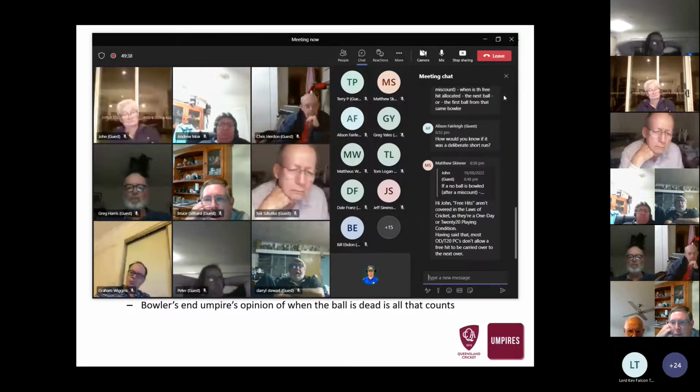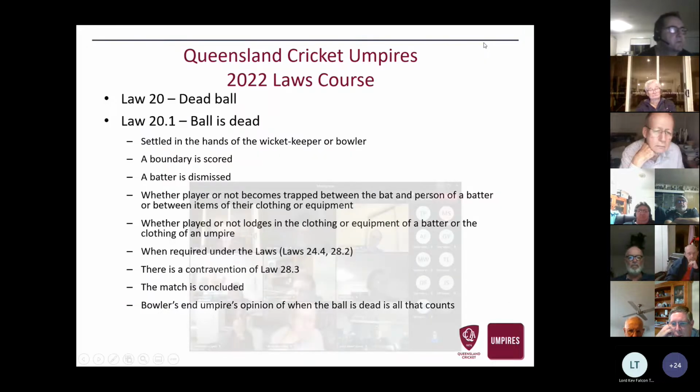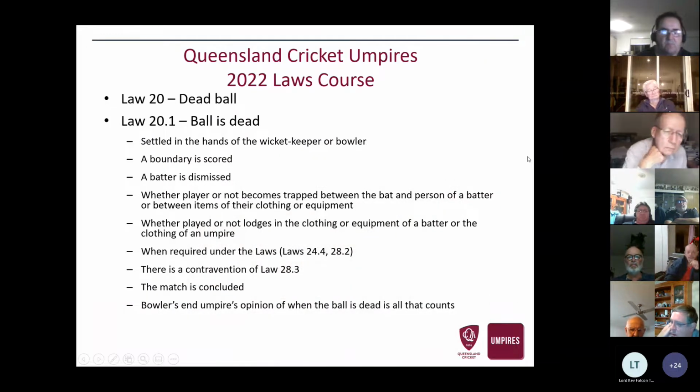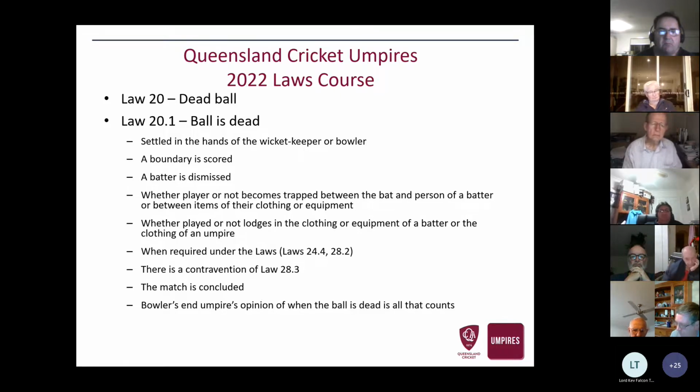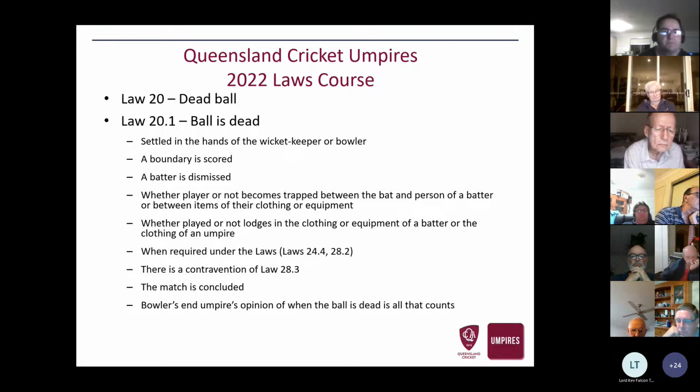So let's get into Law 20, dead ball. So in terms of when a ball is dead, we've got here, obviously, the ball's dead when it settles in the hands of the keeper or the bowler. When a boundary is scored, a batter is dismissed. When a ball becomes trapped between the bat and the person of the batter, or between items of their clothing or equipment, irrespective of whether the ball is played at or not.